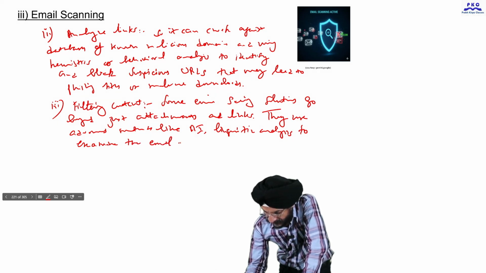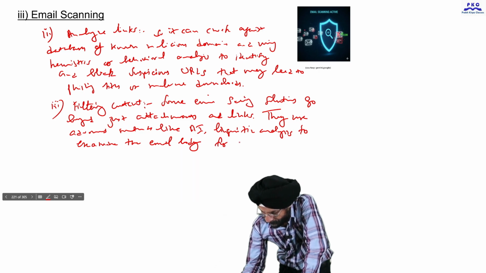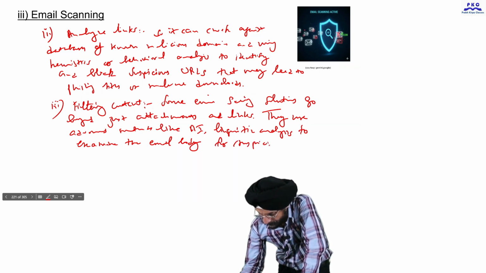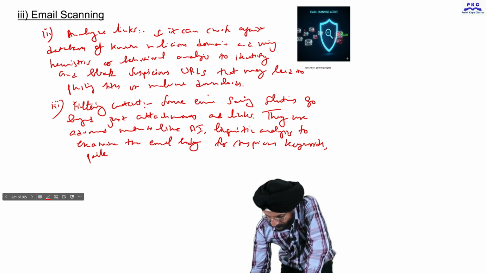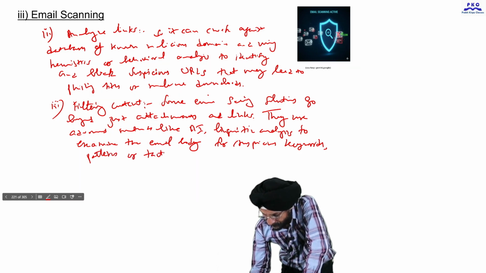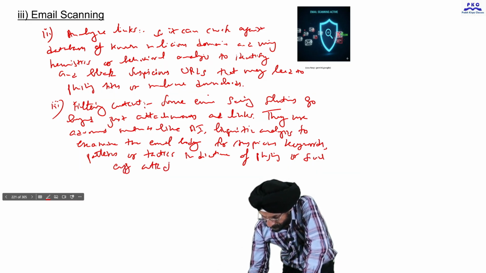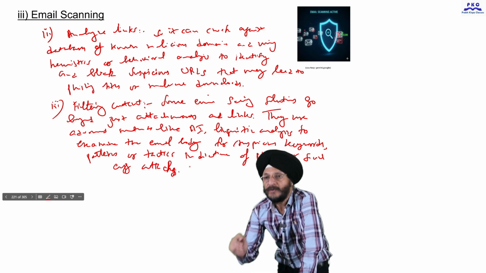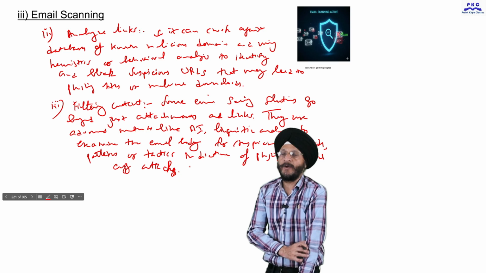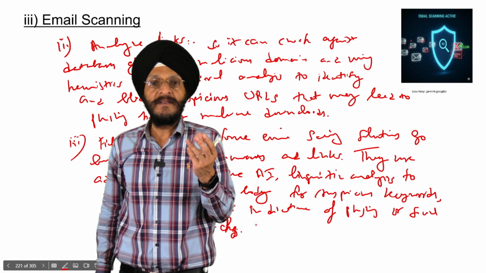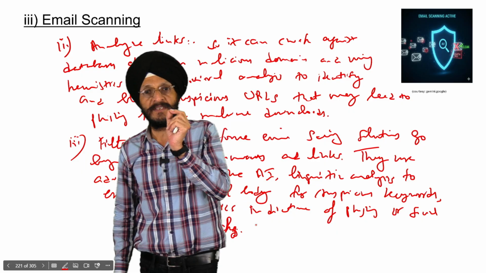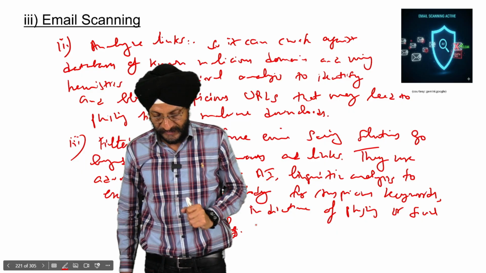Email body means what is written in the email, for suspicious keywords, patterns, or tactics indicative of phishing or social engineering attacks. So, email scanning makes use of advanced techniques to find out whether the email will ultimately result in some phishing attack or social engineering attack.